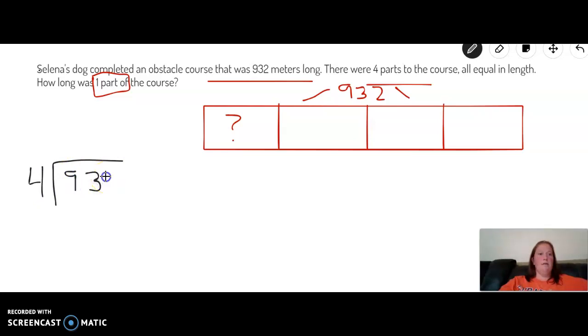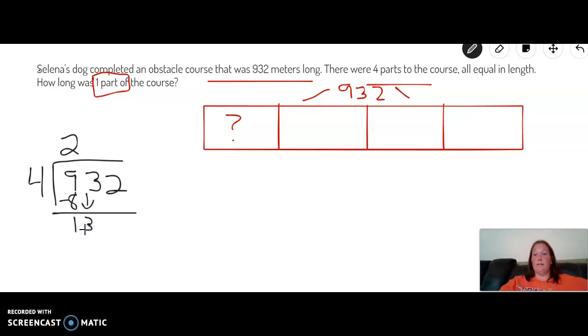Let's start. Divide. How many times does 4 go into 9? I know it goes in twice. Multiply. 2 times 4. We get 8. Subtract. 9 minus 8 is 1. Bring down that 3.